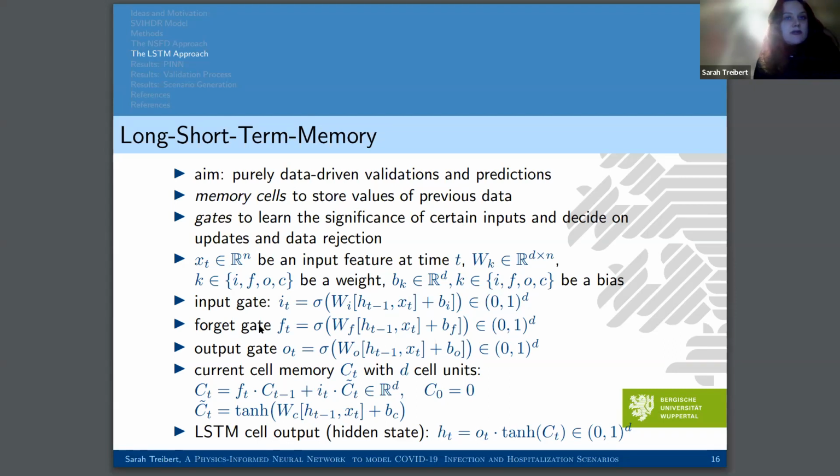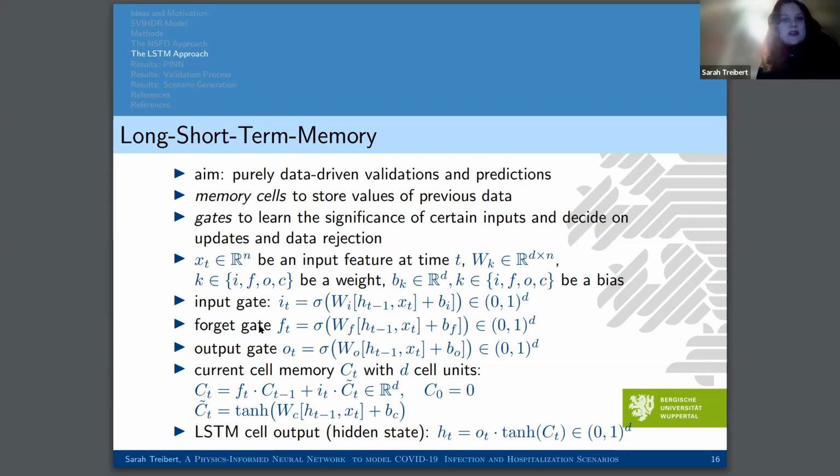N is the number of input features, D is the number of entries of the hidden unit, and XT is an input feature, W_K is a weight, B_K is a bias, and the cell state or cell memory is known as the so-called long-term memory capability.